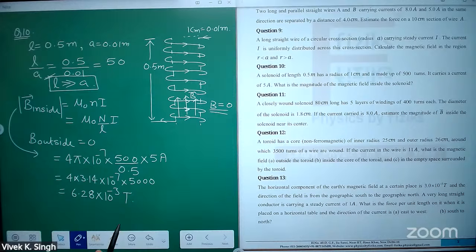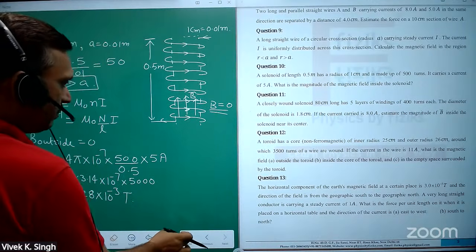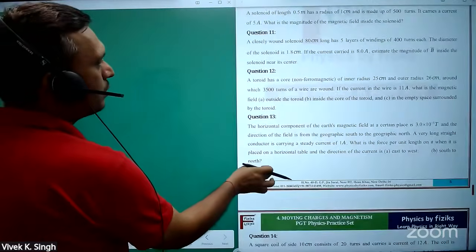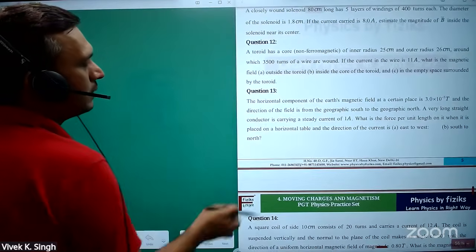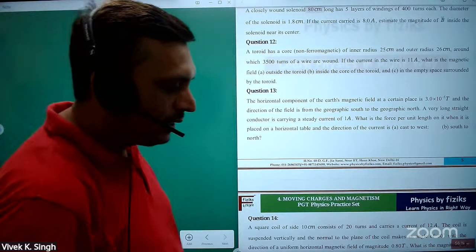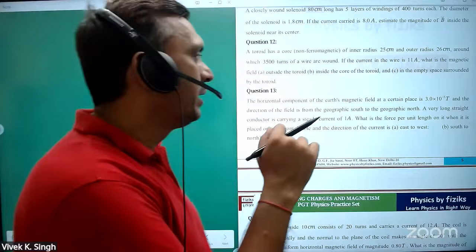Now question number 11, you have a similar type of question. Now see question number 12. It's a case of toroid. Toroid is when a solenoid bent in a circular shape, that becomes a toroid.